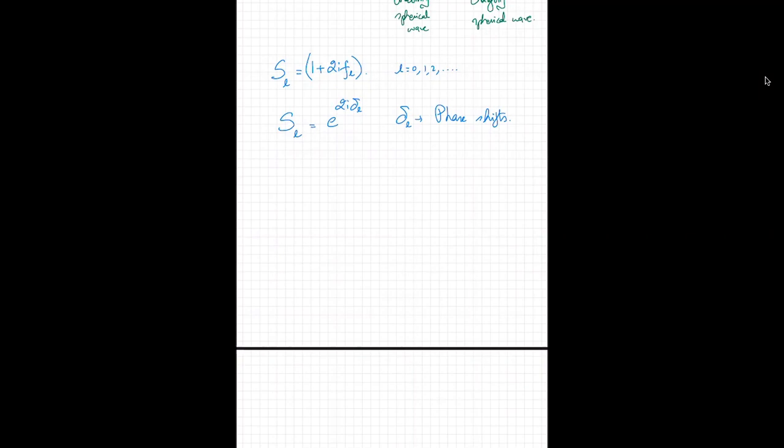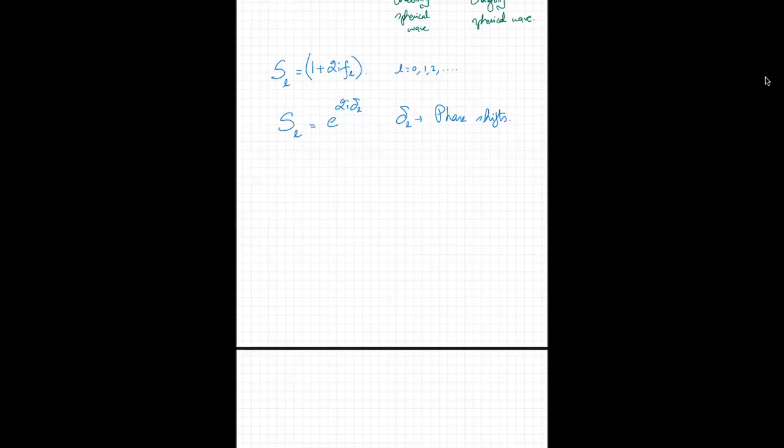It cannot change the value of the angular momentum of the wave that I'm throwing in. So all the information about scattering is basically contained in the delta_L, which is a phase shift. So I'll have to compute the phase shifts, and I'll have to set up a machinery to calculate these phase shifts.